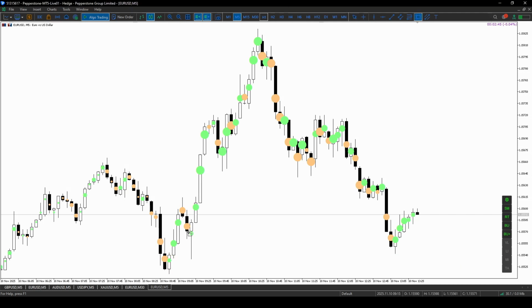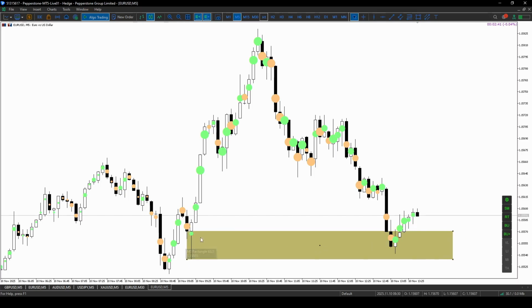One more thing. Okay, that was our POC level. And we will follow these bubbles to open and exit our entry.